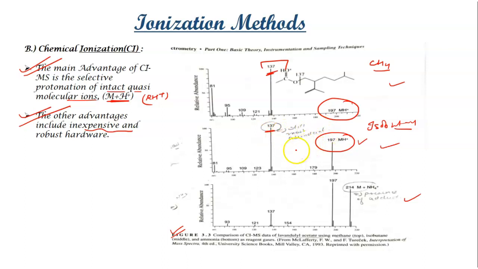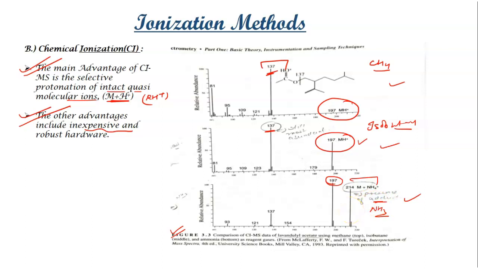And in the third case, where you are using ammonia as a reagent gas, the protonated ion now has the most abundant peak, at mass by charge 197. But you have to note the presence of an adduct ion, that is M plus NH4 plus, in this particular spectrum.